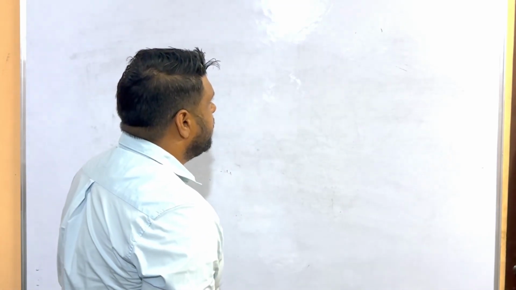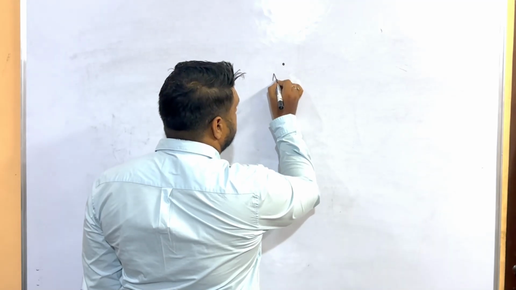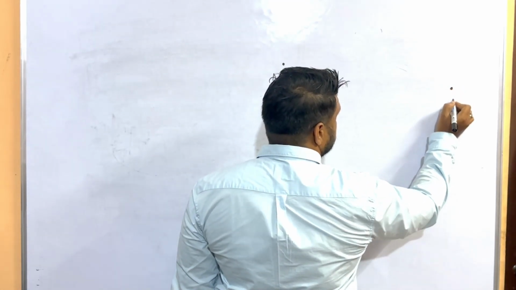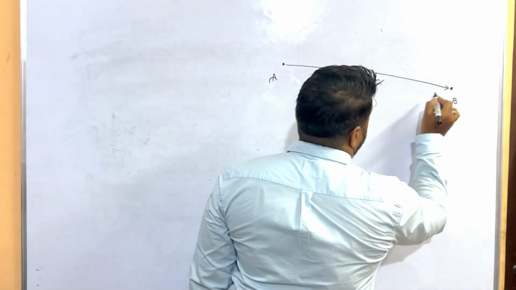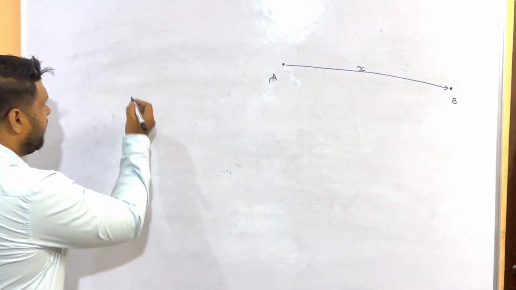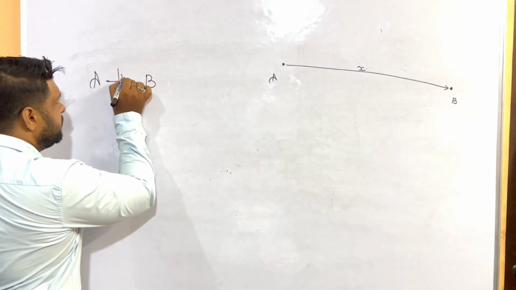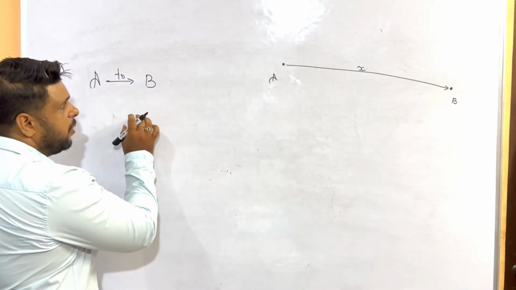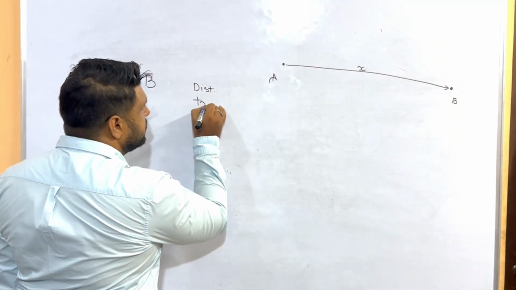Suppose we are having a body placed at point A and it has to cover a distance and reach here. Now let's say this is the x distance it is going to travel. If a body is traveling from A to B, what is the distance traveled?